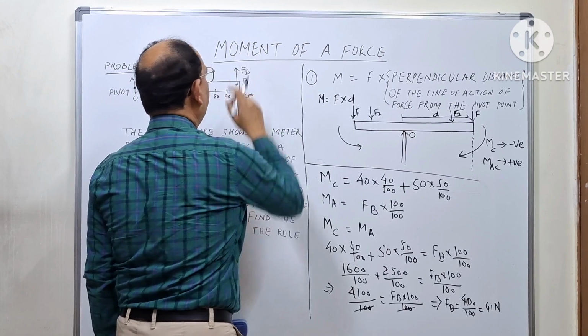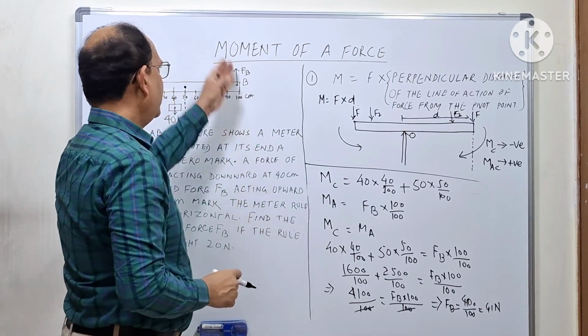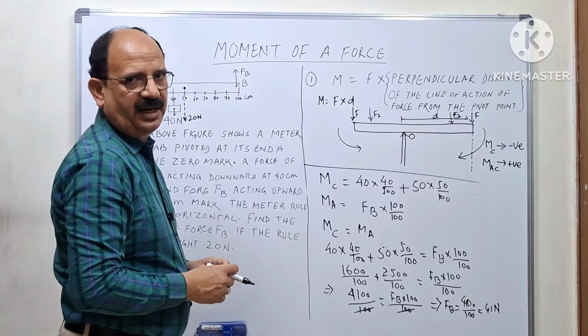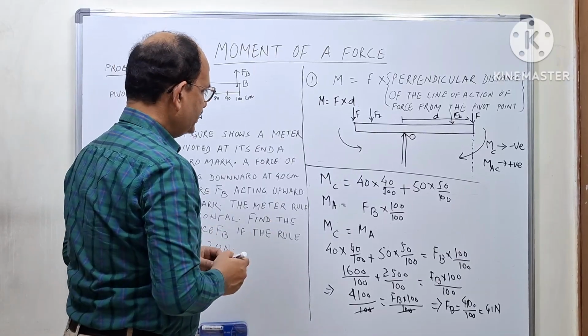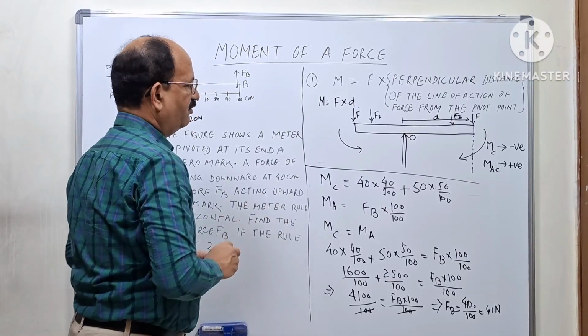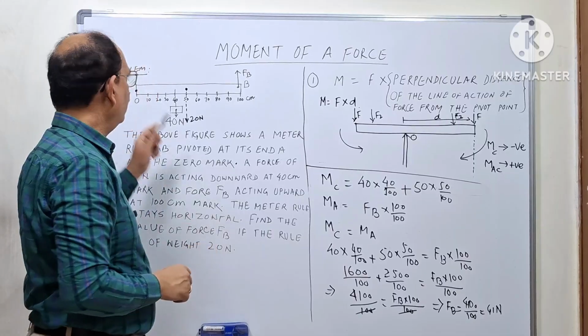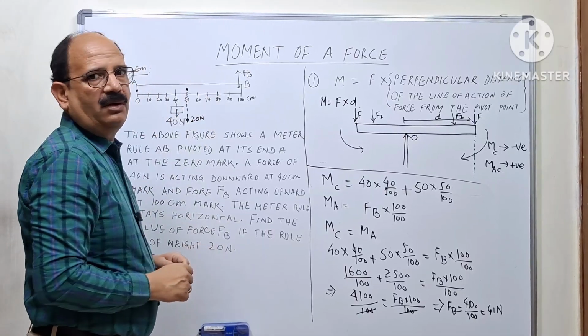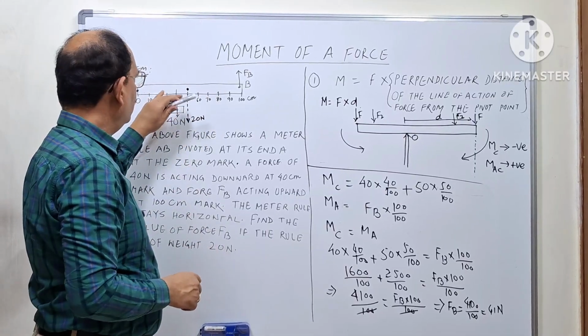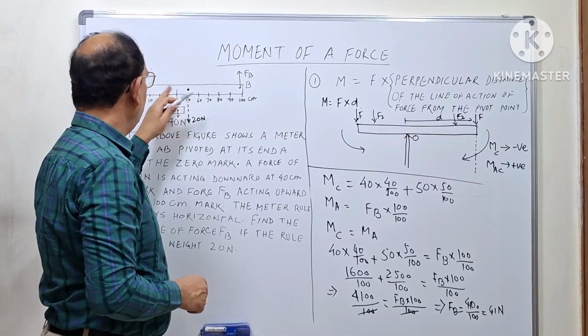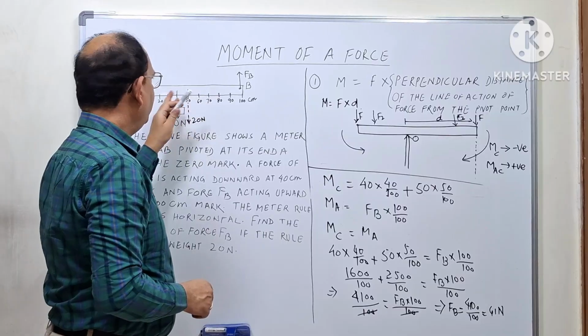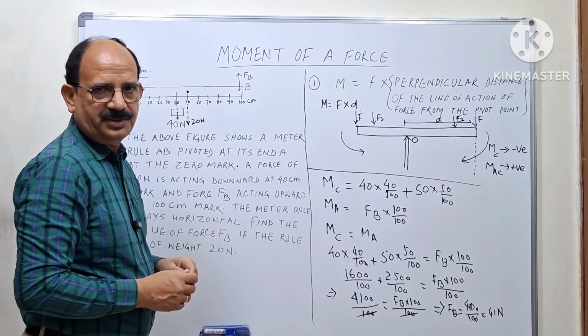So 41 Newton force from this side upward direction is being applied, and this is how we use the principle of moment to calculate any force which is acting on the meter rule, if the meter rule is in the normal condition.